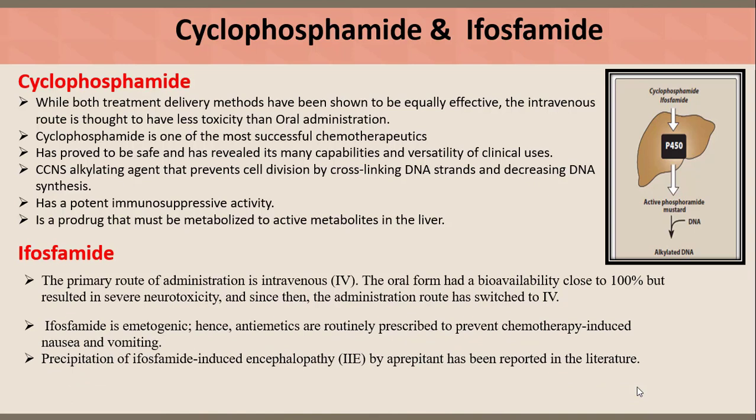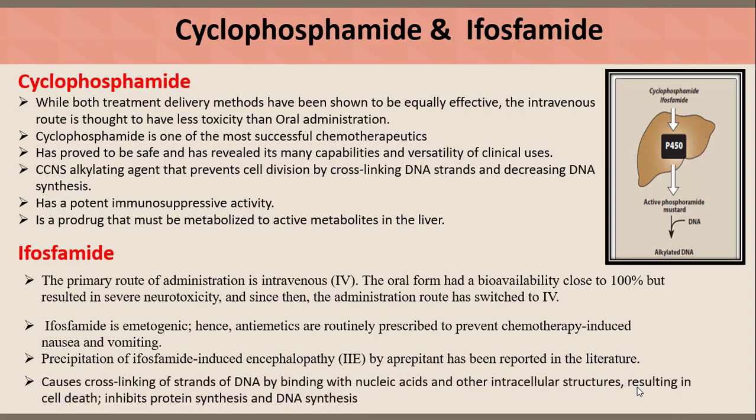Ifosfamide is emetogenic, hence antiemetics are routinely prescribed to prevent chemotherapy-induced nausea and vomiting. Precipitation of ifosfamide-induced encephalopathy by aprepitant has been reported in the literature. Ifosfamide causes cross-linking of strands of DNA by binding nucleic acids and other intracellular structures, resulting in cell death and inhibiting protein synthesis and DNA synthesis.